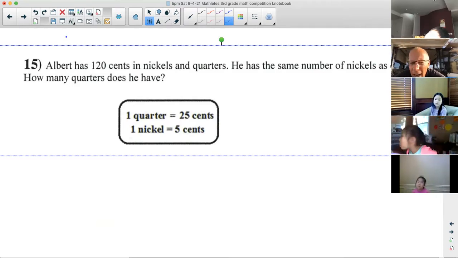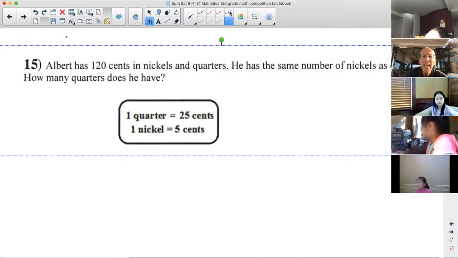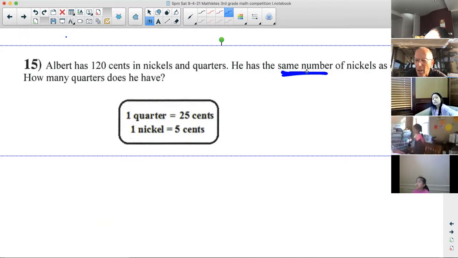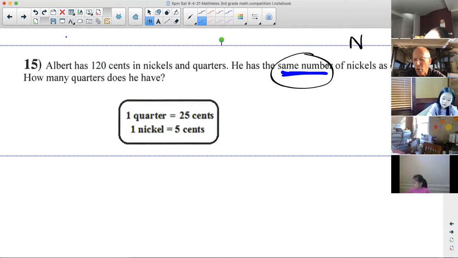Okay, are you guys ready? Albert has 120 cents in nickels and quarters. He has the same number of nickels and quarters. So if nickels are N and quarters are Q, what could you put in between this to represent nickels and quarters being the same number?